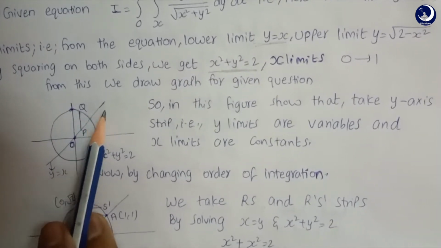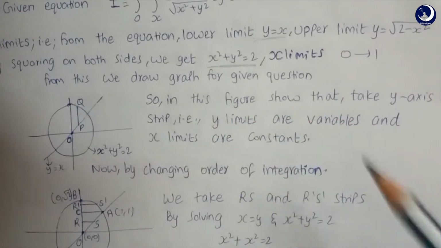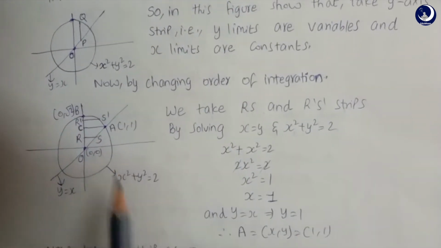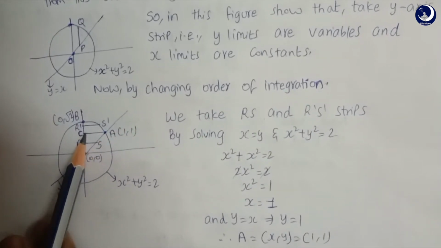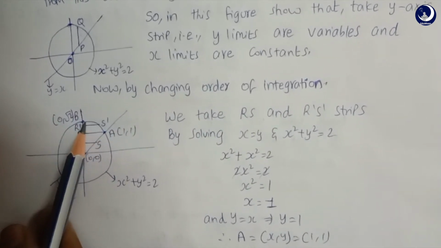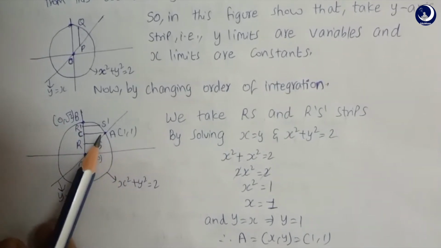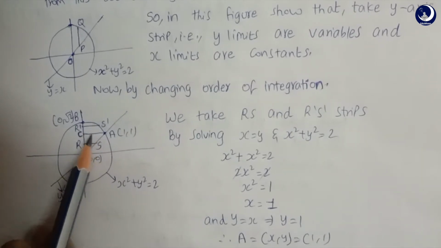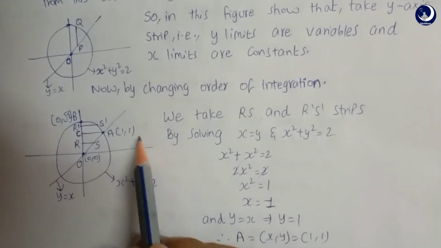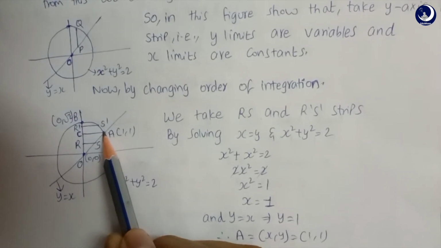Now we have to change the order of integration in this figure. By changing the order of integration we get, here see this, the graph was converted between initial to this circle also and this line. For that purpose I split it into two regions, which were I1 and I2. I took a common point for the required circle and the y equal to x line.